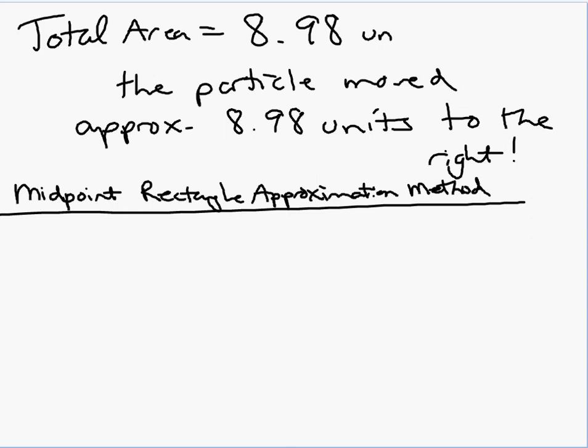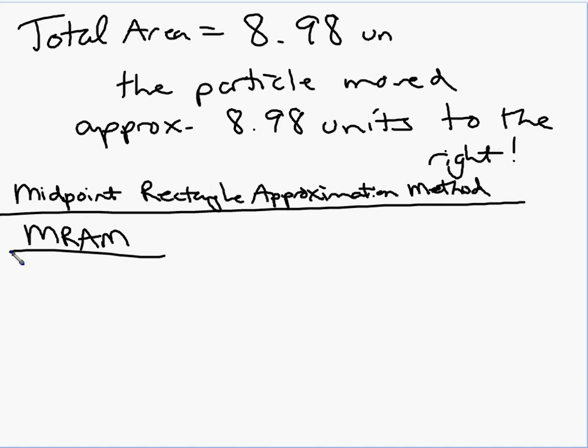And guess what? There's a shorter way we can write that. We're going to label this as LRAM. Now that's using the midpoint rectangle approximation method. There are two other ways that we can do it.